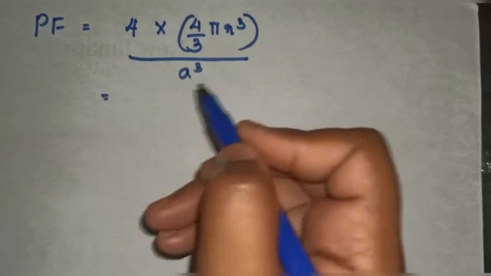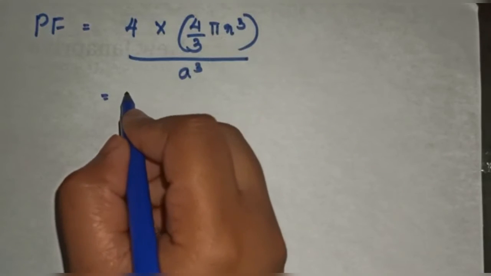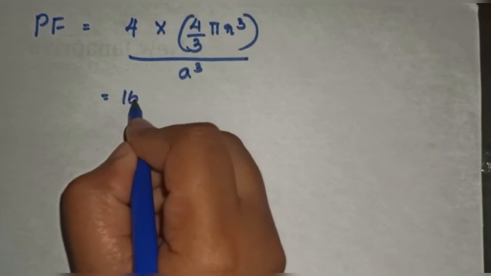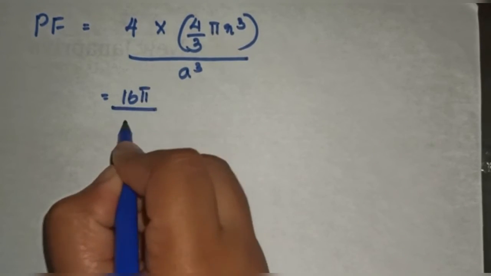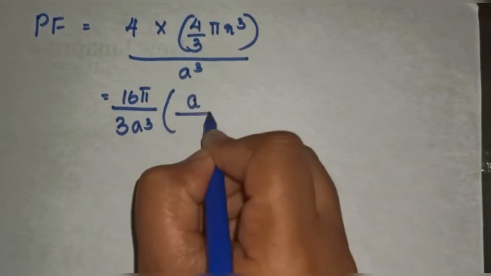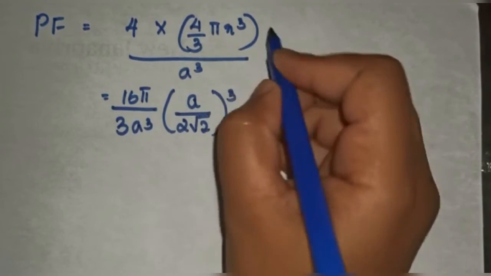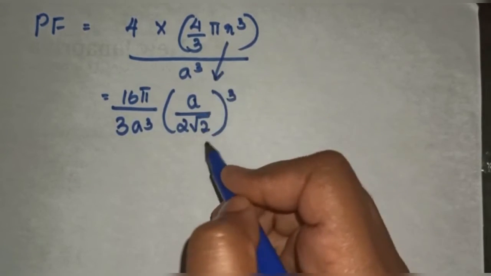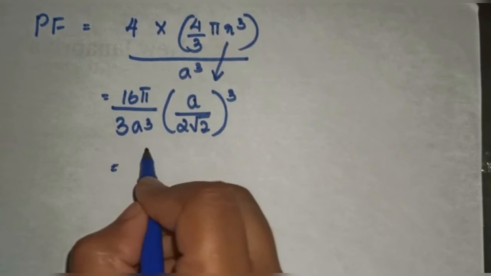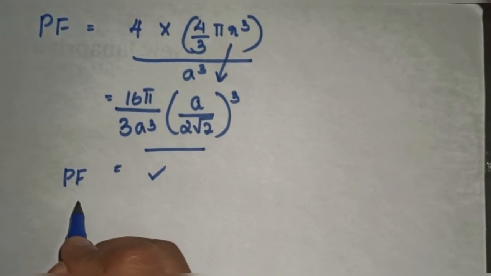When you replace the values, 16 pi by 3a cube into a by 2 root 2, the whole cube. You replace this r here, and when you simplify this, you get the packing fraction of FCC.